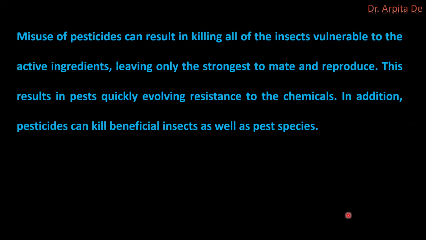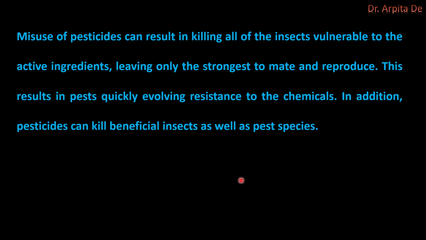Misuse of pesticides can result in killing all of the insects vulnerable to active ingredients, leaving only the strongest to mate and reproduce. This results in pests quickly evolving resistance to the chemicals. In addition, pesticides can kill beneficial insects as well as pest species.